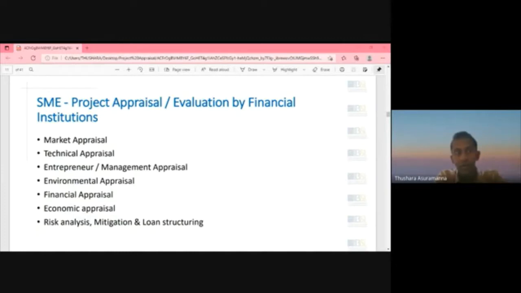When you talk about the technical side, the project itself, some technical models could be useful. That's why we learned those things. When it comes to the financial side, break-even, working capital, and financial projections are important. Those are the ingredients necessary for us to understand project appraisal and evaluation.